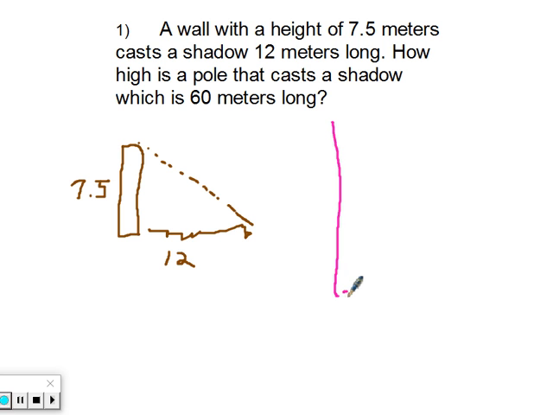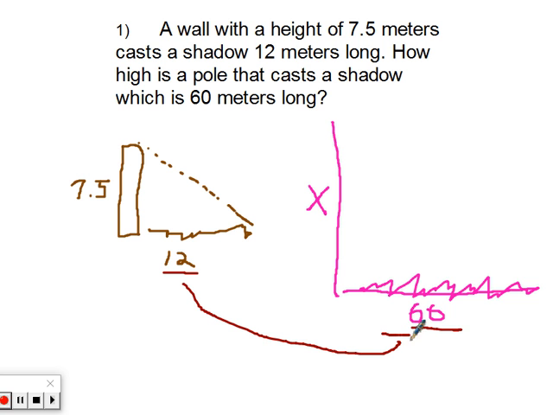So obviously it's a big pole, and that's the shadow, it's 60 meters. So how high is it? That's the question. So I'm going to go ahead and put an X on it. And it's obvious that 12 and 60 correspond. They're both shadows. And the 7.5 corresponds to the X.